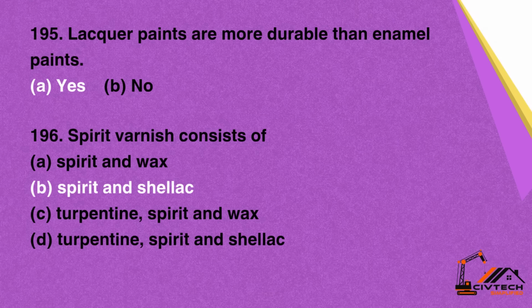A. Yes, B. No. Correct option, A. Yes. 196. Spirit varnish consists of A. Spirit and wax, B. Spirit and shellac, C. Turpentine, spirit and wax, D. Turpentine, spirit and shellac. Correct option, B. Spirit and shellac.